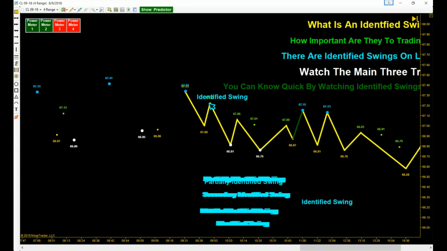But did it break this identified swing that was identified by at least 10 or more? And you can put that on anything you want. You can put it on 10 ticks. You can put it on 12. You can even put it on 15 if you want.